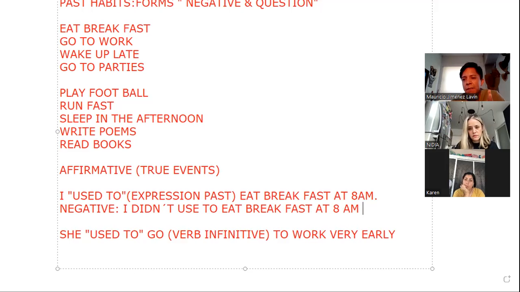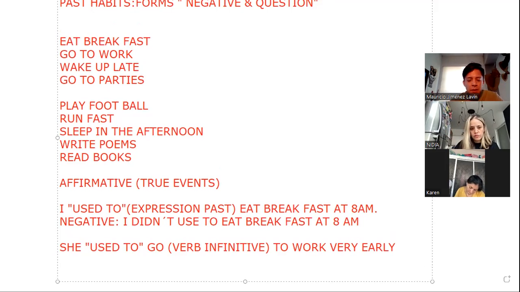We don't need to have two tenses together because we are already giving direction to didn't. So when we use the past habits, we must use auxiliary forms, okay? And we have to use didn't in case it's negation.